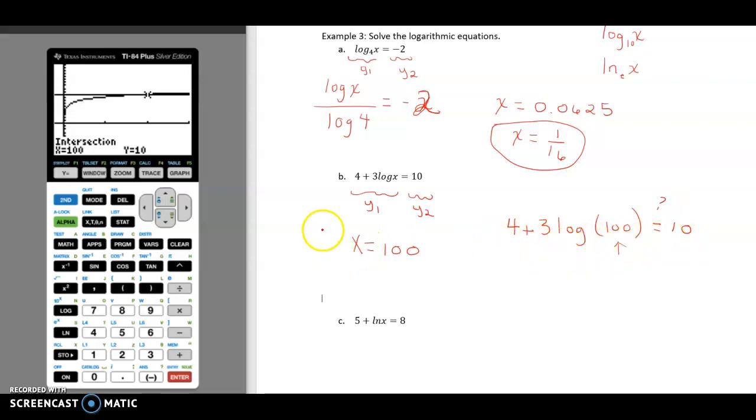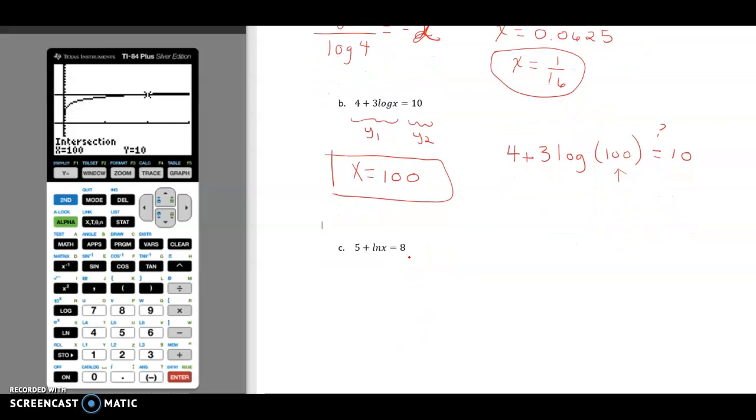You can check these answers, whether it's a decimal or an integer whole number. Okay, so if I would do 4 plus 3 log of 100, we should get 10, and we do. So that is a true statement.